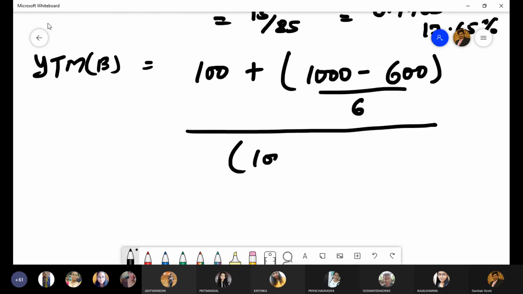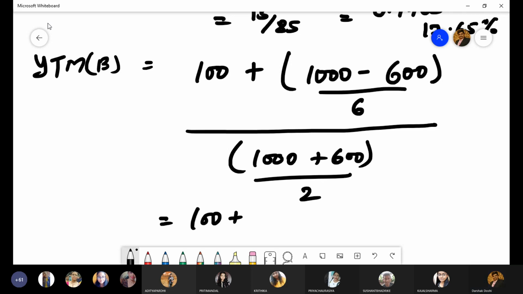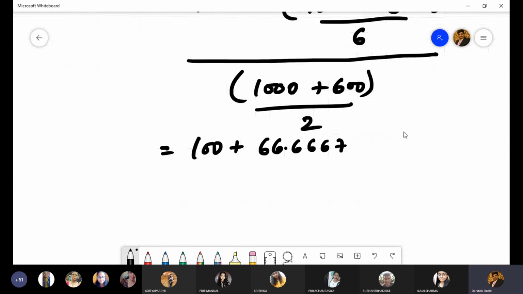The whole, 1000 plus 600 divided by 2. One zero is extra, it will be 800 in the denominator.